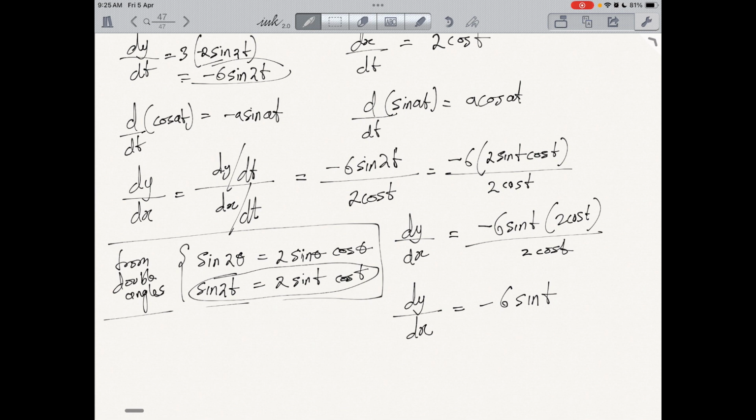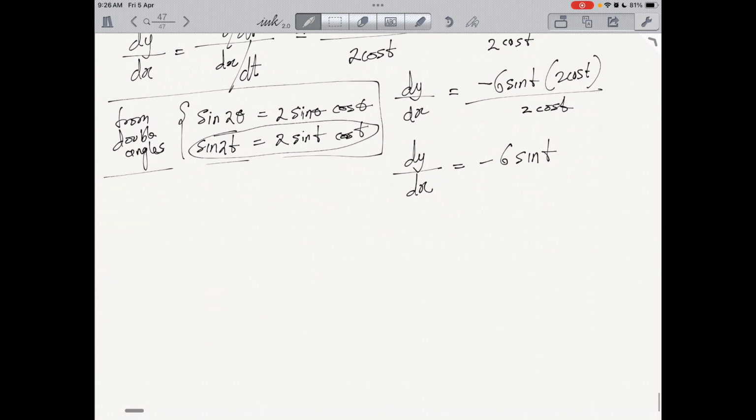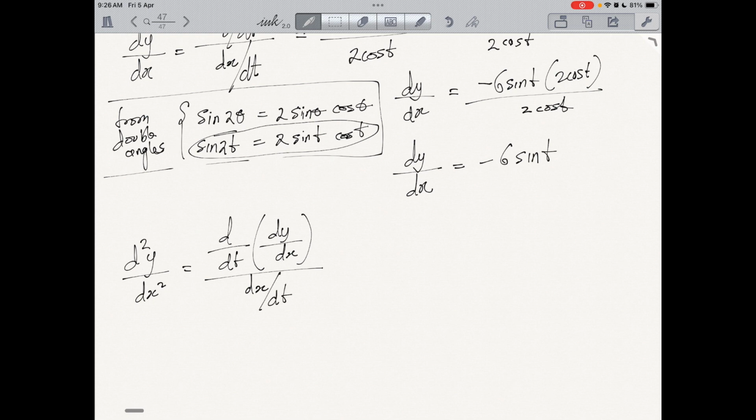Now let's go again and try and differentiate d²y/dx². What is the formula to getting this? That is d²y/dx² equals d/dt of dy/dx divided by dx/dt.